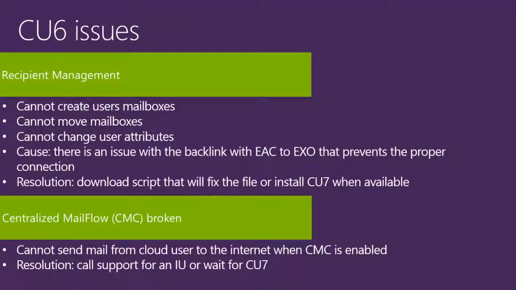So, two options there. Get in touch with support and get the interim update if you haven't already, or if you're in the process of deploying hybrid, you might want to wait for CU7. The choice is yours, but that's effectively something you can think about.